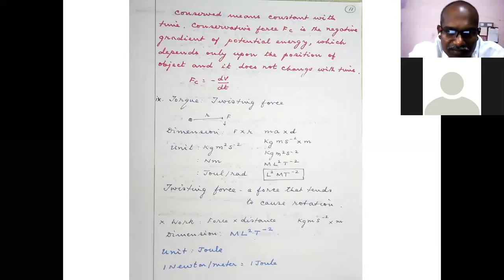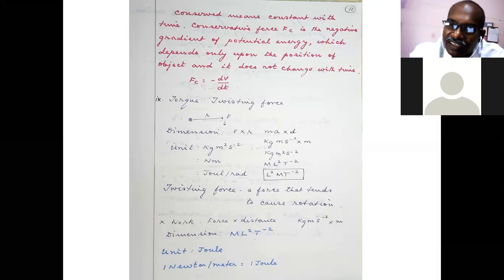conservation. You should understand what conservation is before going to the conservation laws. Conservation is anything which is constant with time. Linear momentum is conserved, or conservation of angular momentum, or conservation of energy.